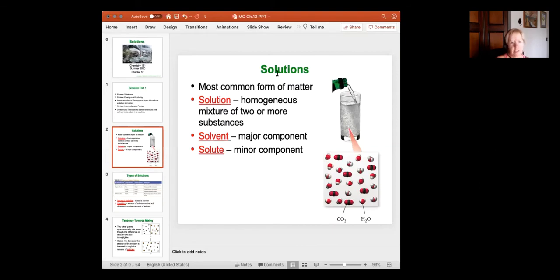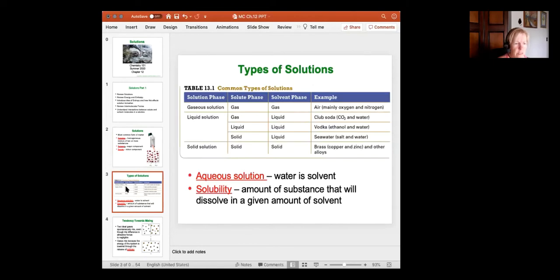This would be an example of a solution. Here in this solution, I have water molecules, but I have carbon dioxide gas. And so a solution doesn't necessarily have to be liquid-liquid or solid-solid. You can have a liquid with a gas in it. When we carbonate liquids, that's what happens. So here are all the different combinations that we can have.